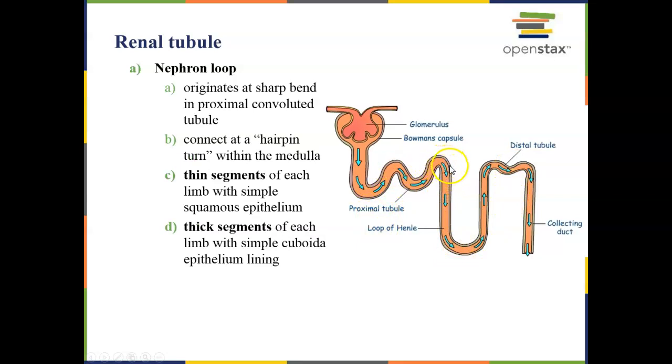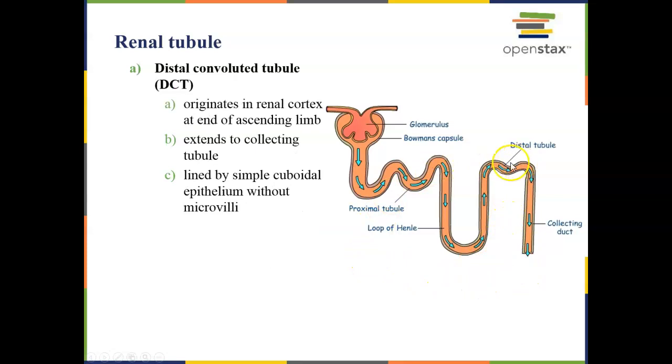You start out with this descending loop of Henle, and then at this hairpin here, you have the ascending loop. And on each side, we have some regions of the descending and some regions of the ascending limb that are going to be thick or thin. At the thin regions, we're going to have a lot of reabsorption and secretion. The thick regions, we're not going to.